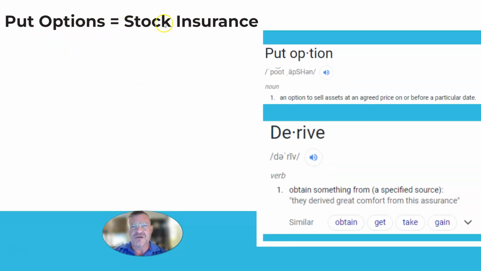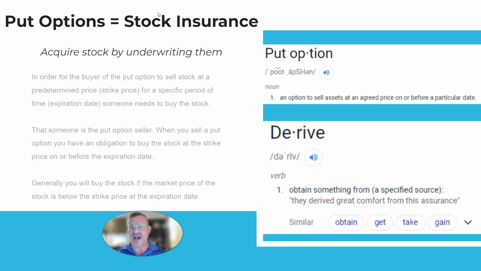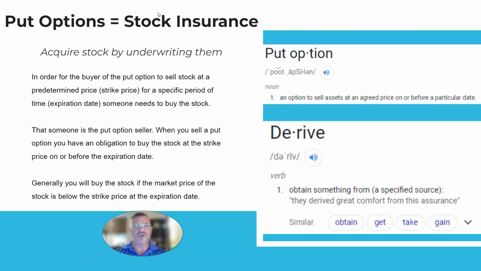Put options are basically stock insurance, which means you can acquire stock by underwriting them. In order for the buyer of the put option to sell stock at a predetermined price, which we talked about, it's called a strike price, for a specific period of time, which we talked about, it's called expiration date, someone needs to buy the stock.